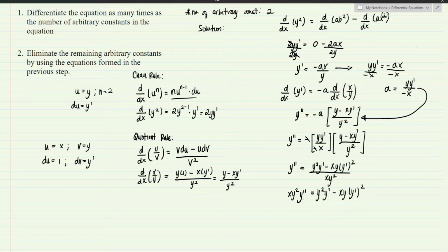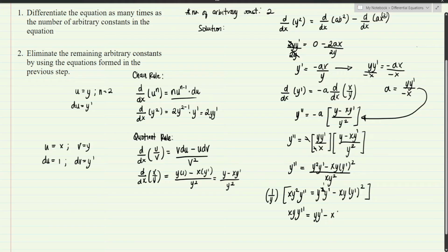Now, next here is, notice we have y on all of the terms of our equation. So what I can do is I can multiply both sides by 1 over y. So I would have here xy y double prime equals, for this one, that would be y prime, then minus x y prime squared.